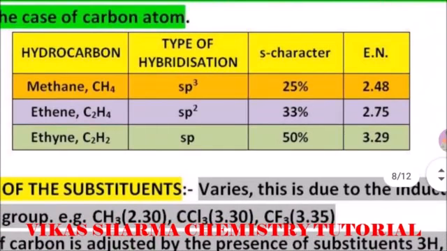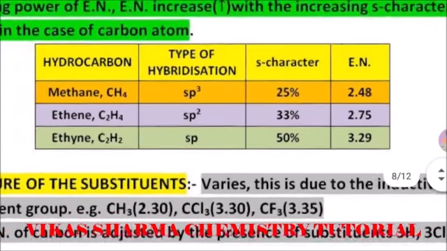In ethene, C2H4, the hybridization is sp2, s character becomes 33%, so electronegativity increases to 2.75. In the alkyne ethyne, C2H2, the hybridization is sp, s character becomes 50%, so electronegativity increases to 3.29.